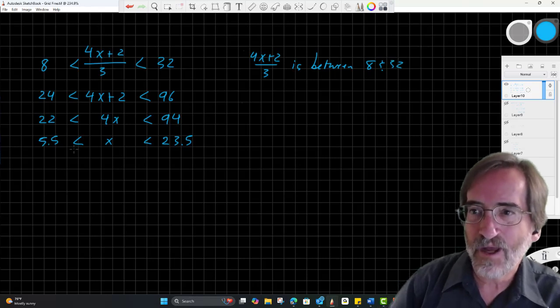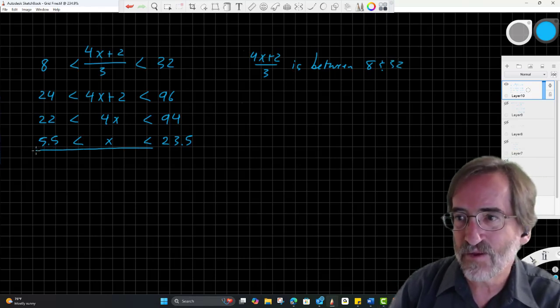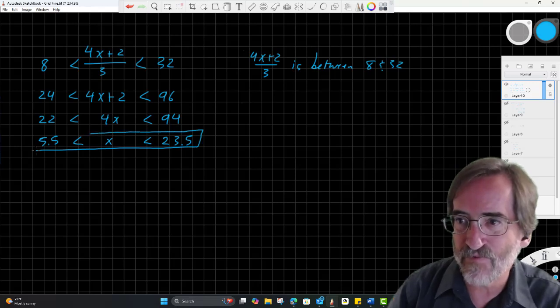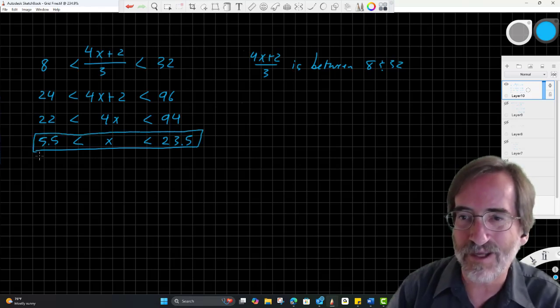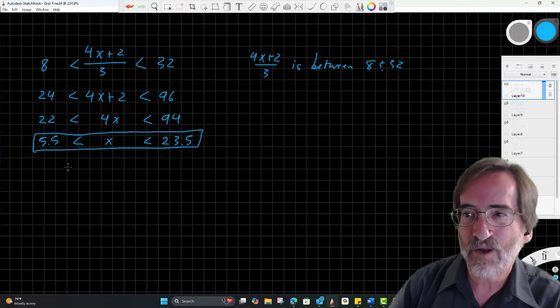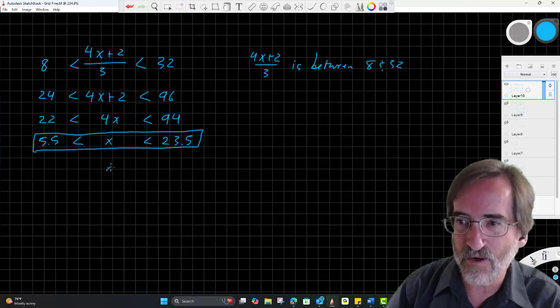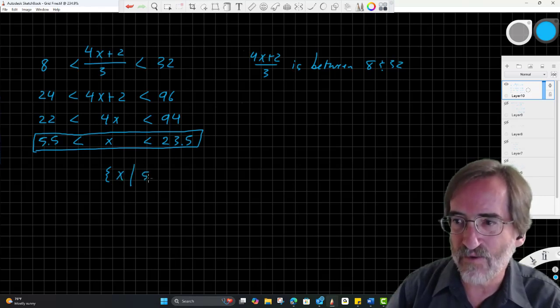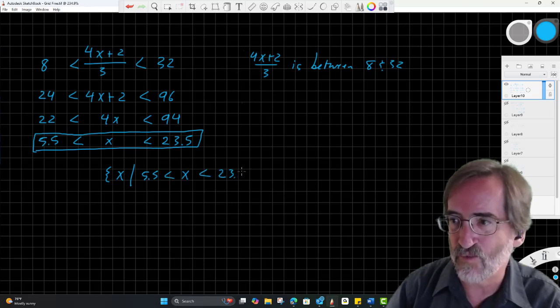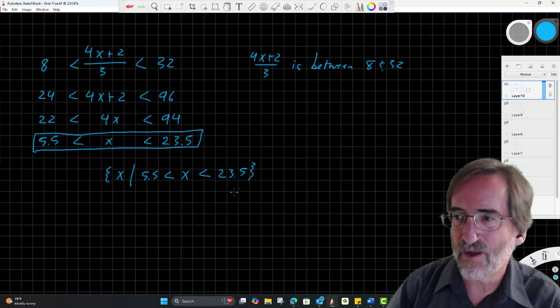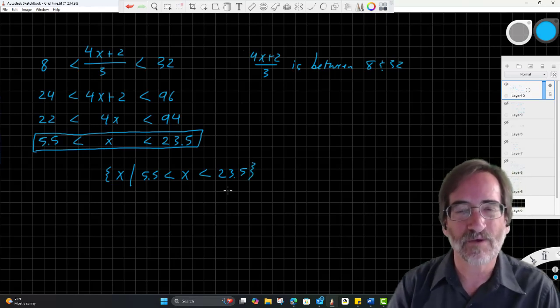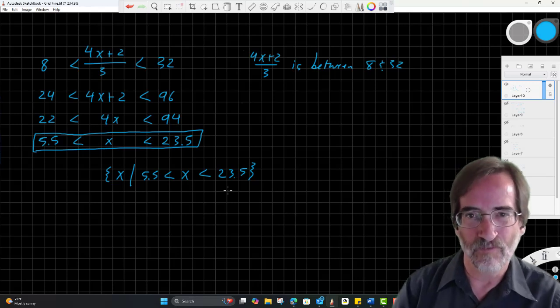Okay, and I've found the solution set. Again, don't worry about the steps for finding the solution to a compound inequality yet. We're going to deal with that later. But how do we write this compound inequality? x is between negative 5.5 and 23.5. We write it this way, curly braces, x such that x is between, or negative 5.5 is less than x is less than 23.5. Okay? So set notation for giving solution sets to an inequality.